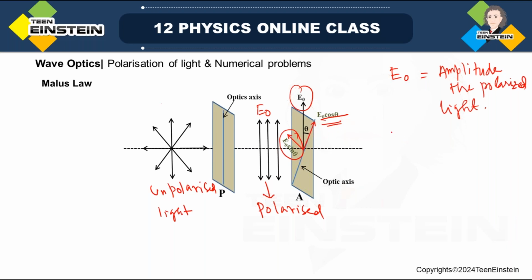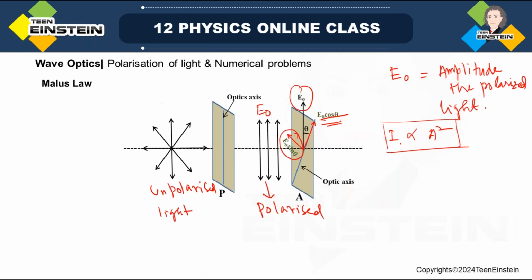We have a relation between intensity and amplitude, isn't it? If I0 is the intensity of this light, then intensity is directly proportional to the square of the amplitude.